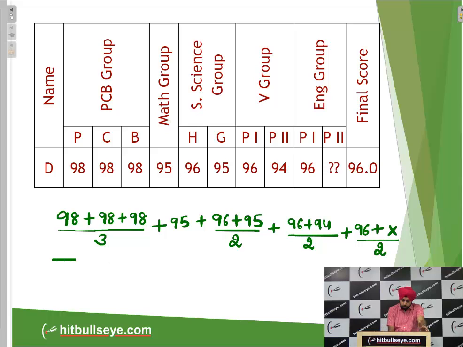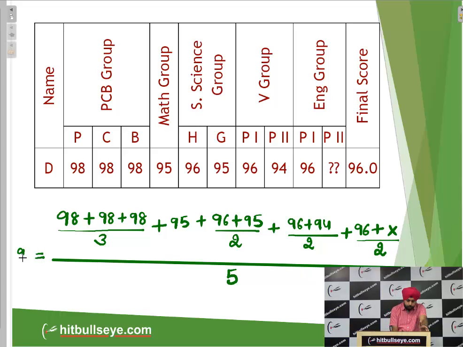Now this whole, we need to divide by 5 because we want to find this average, and that term is given to us as equal to 96. You can just imagine how much time it is going to take if you solve this, right students?